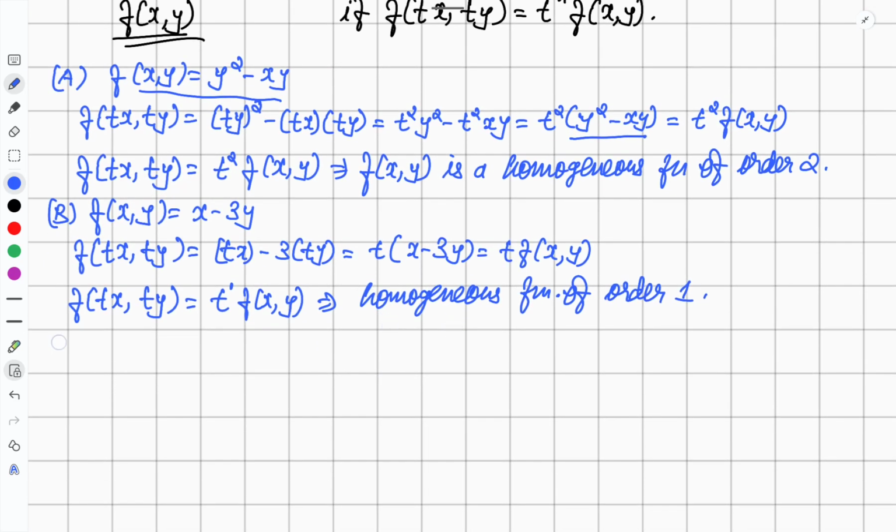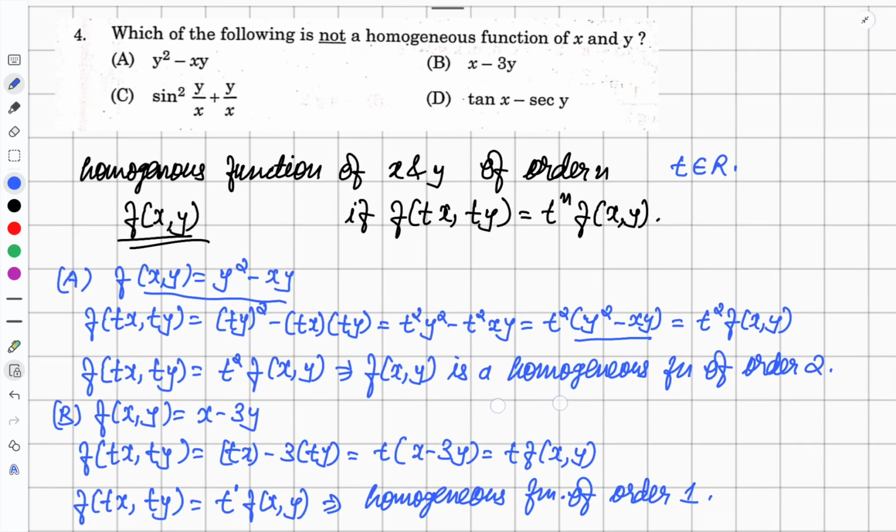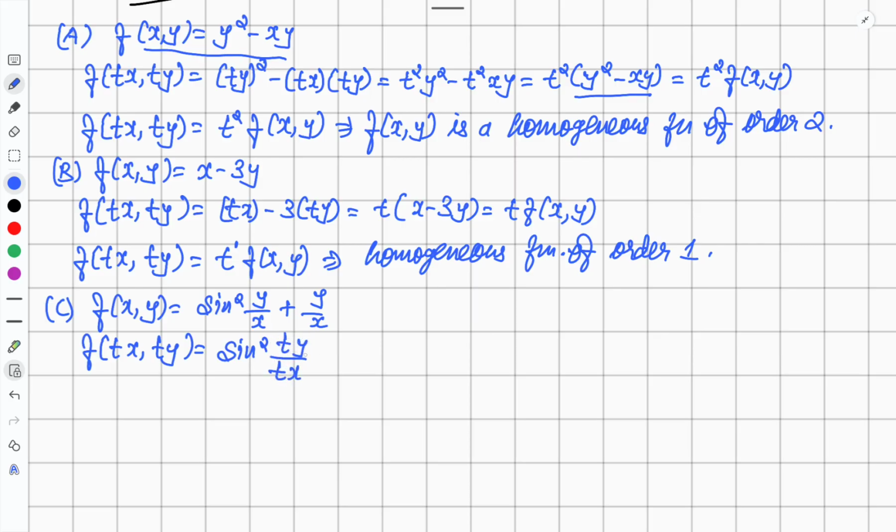Okay, moving on to the third option. The third option is sin square y by x plus y by x. If you already know this, then it won't take much time, but I'm taking my time to explain how, if somebody doesn't know how to find this, this is how you do it.